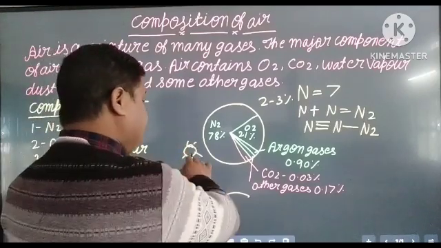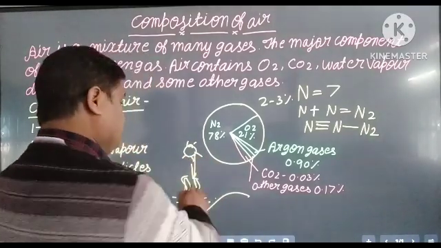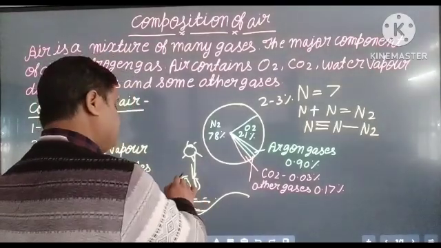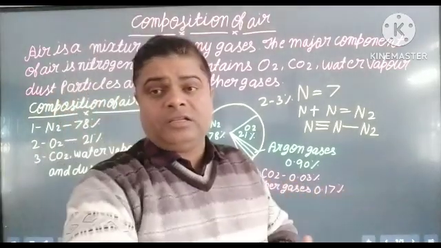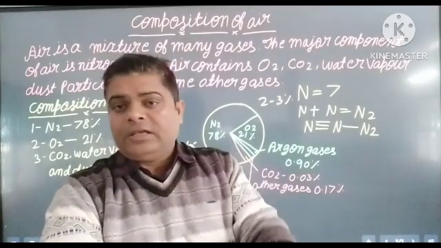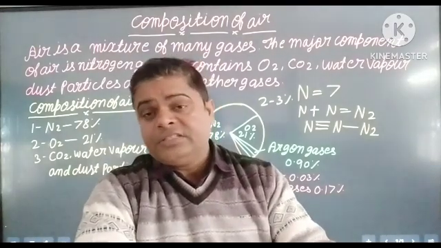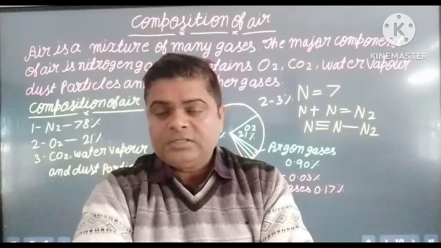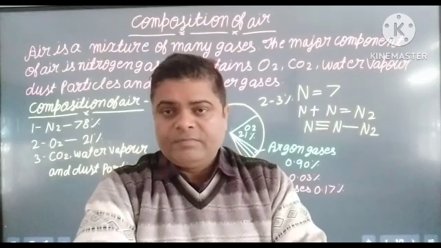In the daytime, when the heat of the sun is absorbed by the water, it changes to water vapor and moves upward. Clear? So, in coastal areas where there are water bodies, ocean, sea, rivers, the percentage of water vapor is more. If you go to desert areas where there are no water bodies, no ocean, no rivers, the percentage of water vapor is less.